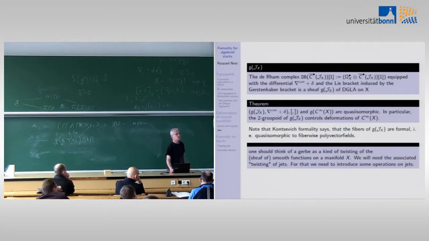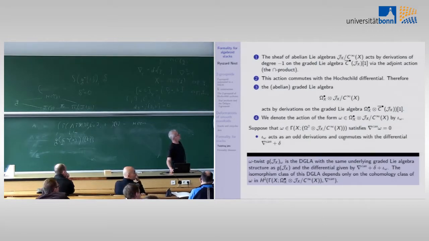Okay, I won't have time for this one, but let's try to go here. So what comes out of this jet is that there is an extra two-form on X with values in jets that you can construct from the class associated to the Zerb.